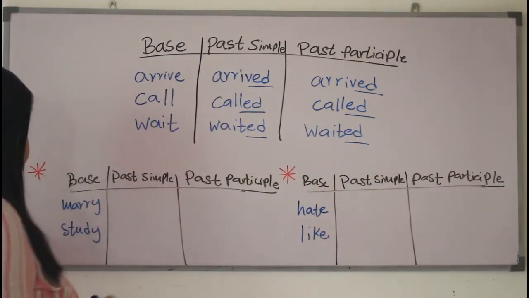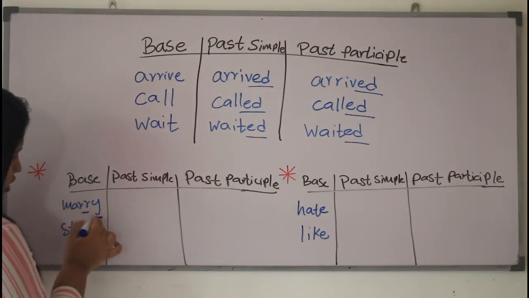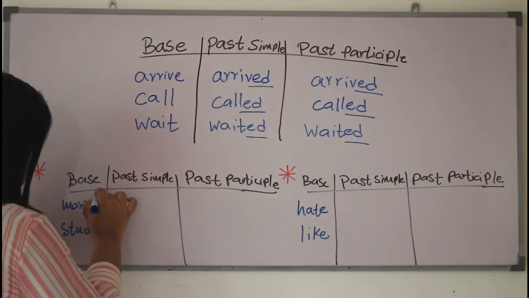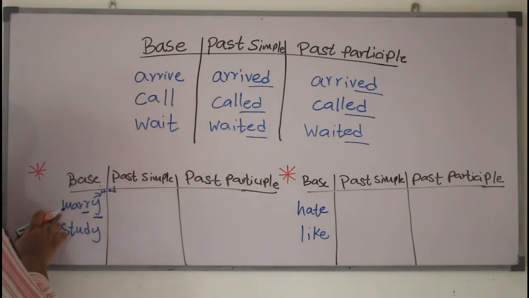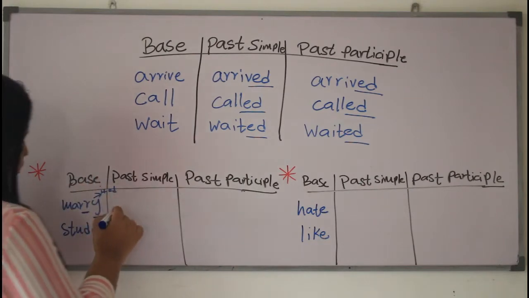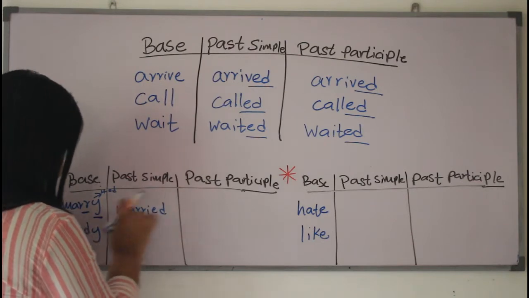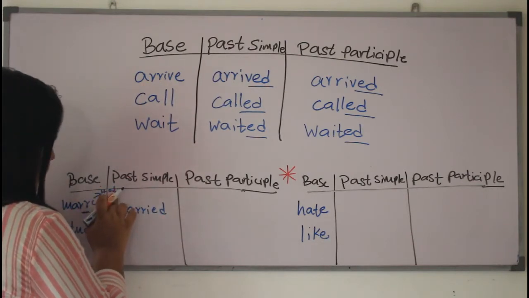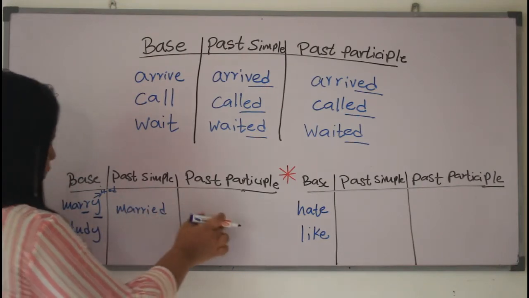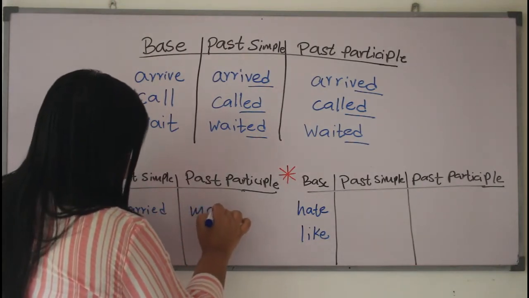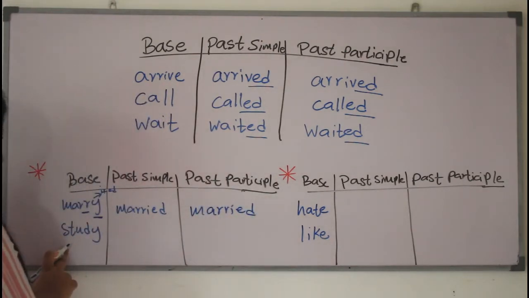Another main point is, if the verb ends in consonant and y, we change the y to i and add ed. So, marry is the base form and past simple form is married. Marry is the base form, past simple form is married and past participle form also married. Study is the base form.